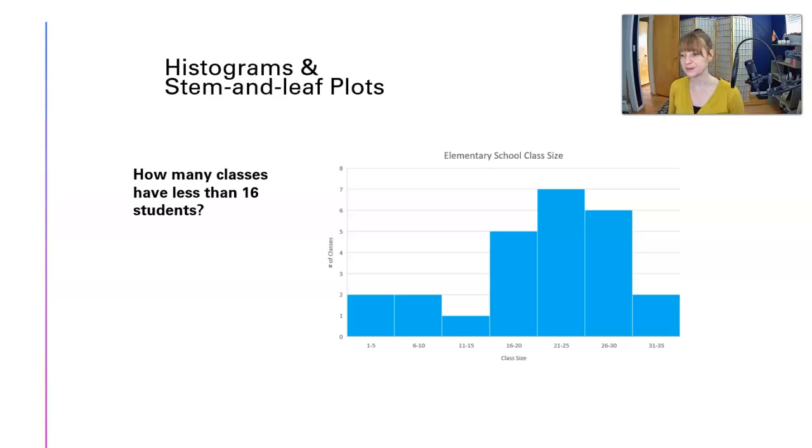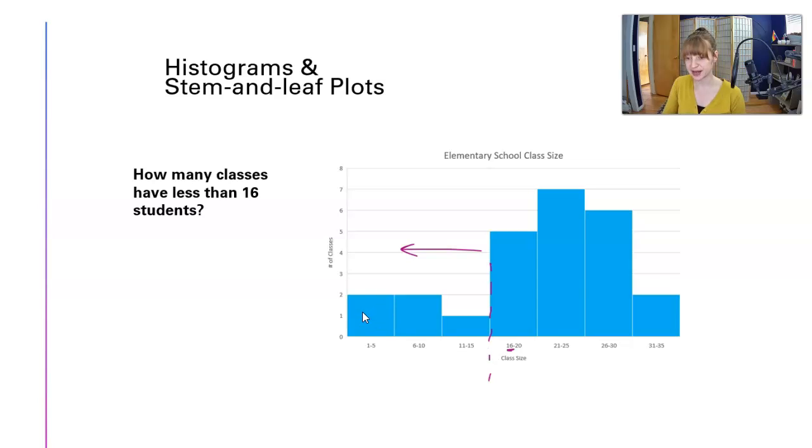This is the same histogram we just looked at, but now we're asking how many classes have less than 16 students, or have fewer than 16 students. So 16, that cutoff is right here. So that tells us we should draw a little dotted line right there. We're asking less than 16 students, so everything below that dotted line.